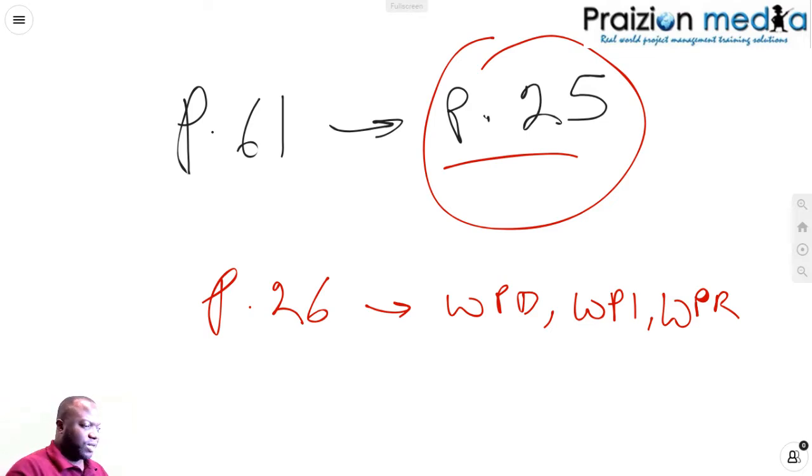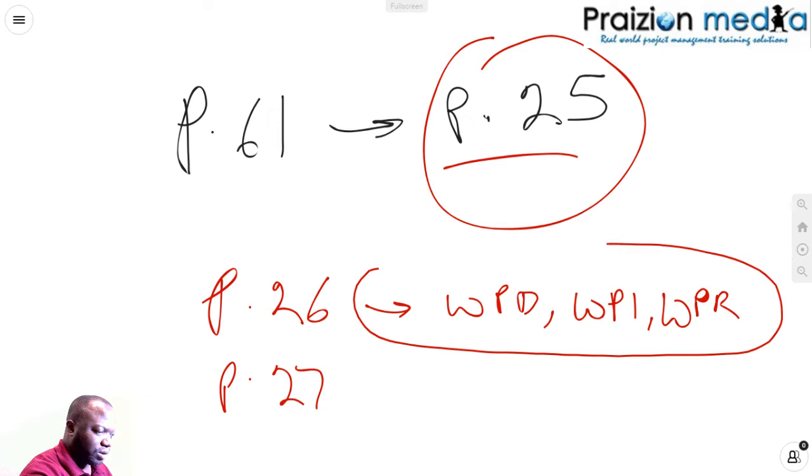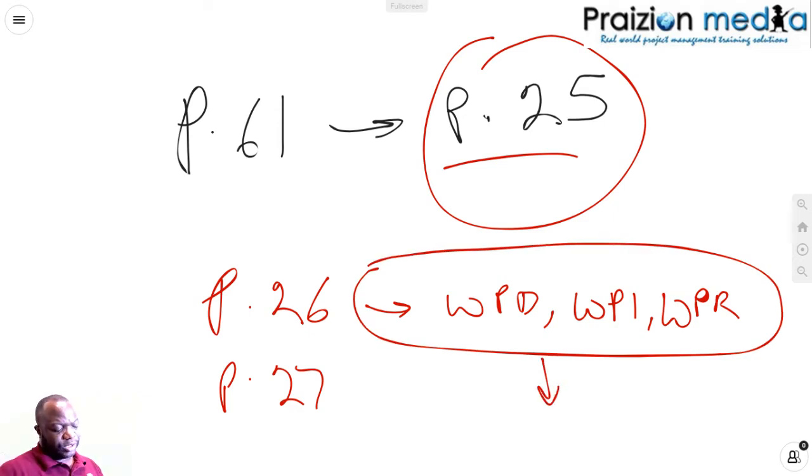And then on page 27, you have an image showing you the flow of WPD to become WPI, and that becomes WPR. So this could also be another interesting page for you to look at. That hasn't changed much from the 5th edition, but some of the process names have changed, so bear that in mind.